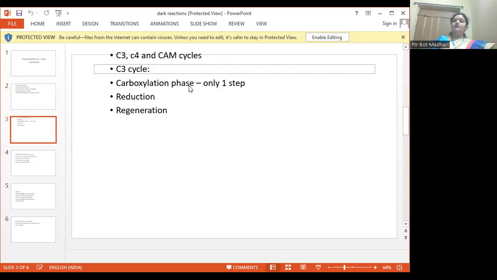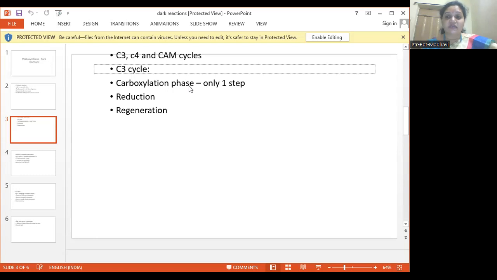C4 cycle occurs only in xerophytic adapted plants. The plants which show xerophytic adaptations will do photosynthesis with the C4 cycle. And this is not a pathway, this is a cycle, because all the way the first substance is regenerated. So it is not a pathway, it is nothing but a cycle, which we have to remember for the competitive exam.